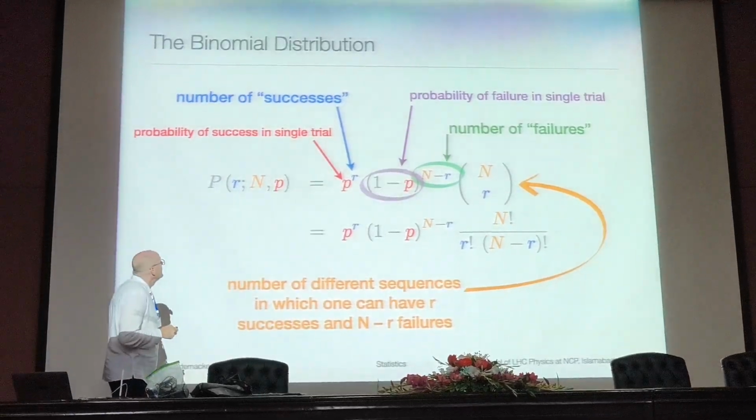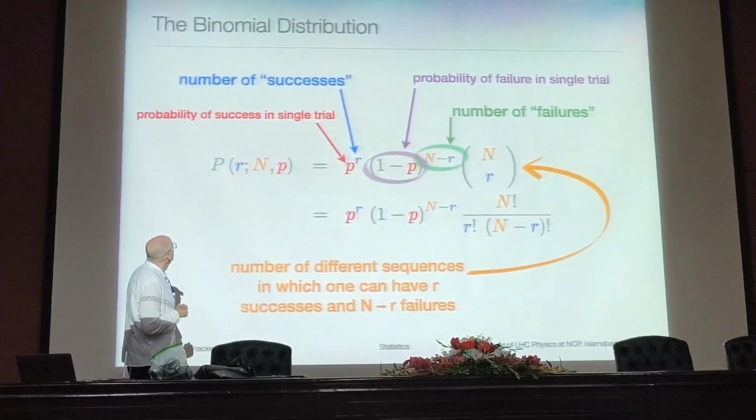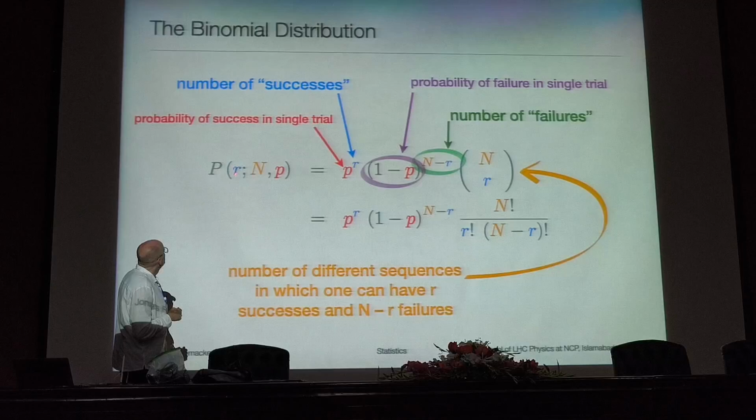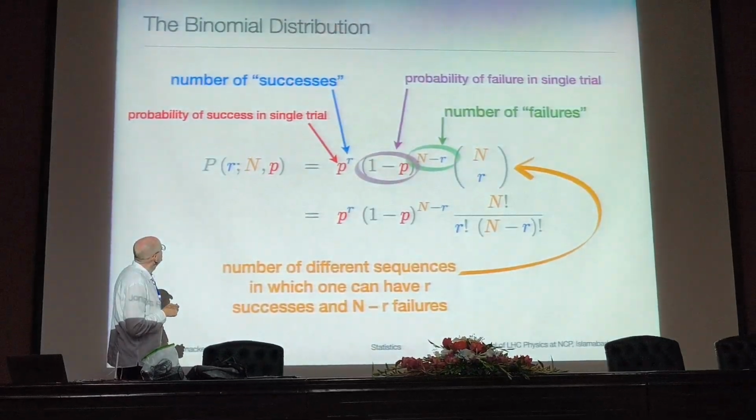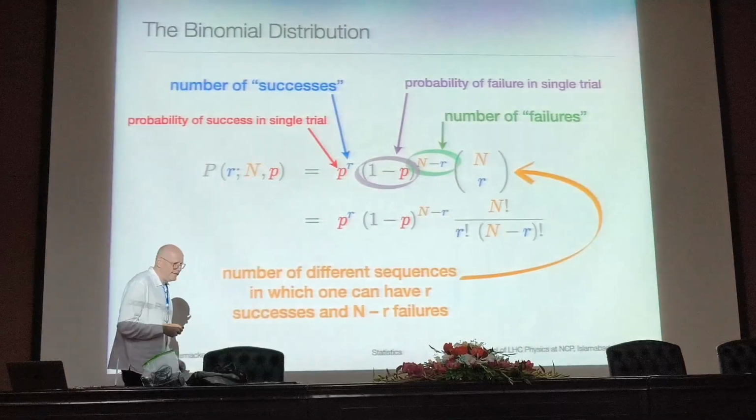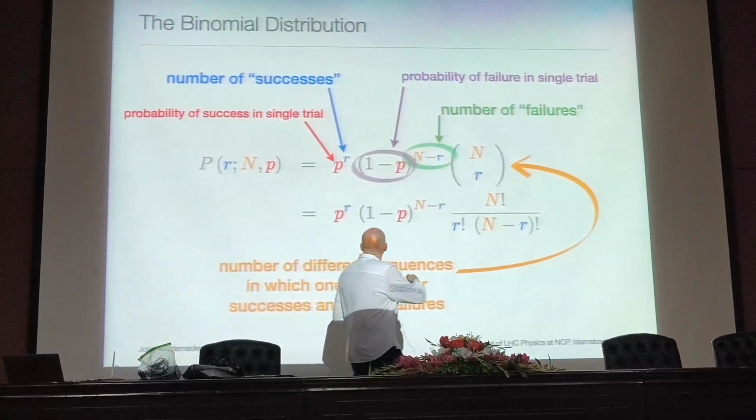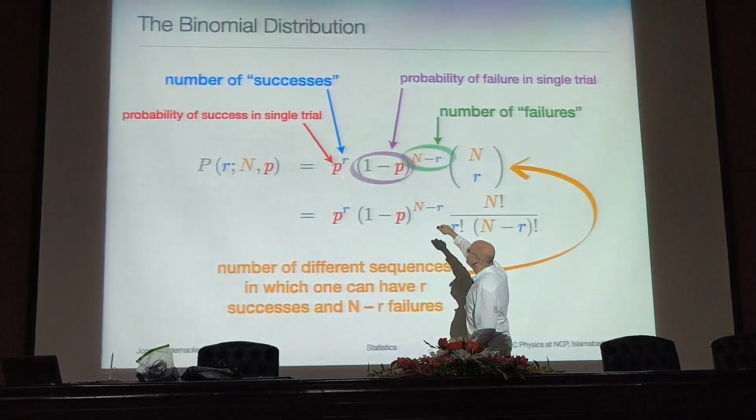So this is my probability, my binomial, and this is the number of successes, the number of trials, and the probability for success in each trial. And concentrate only on this number now.